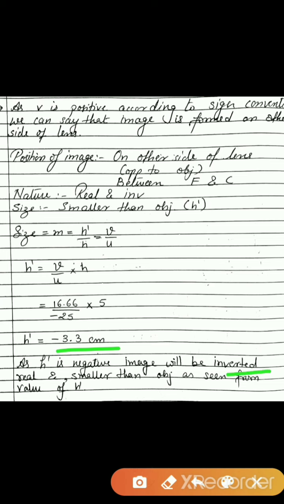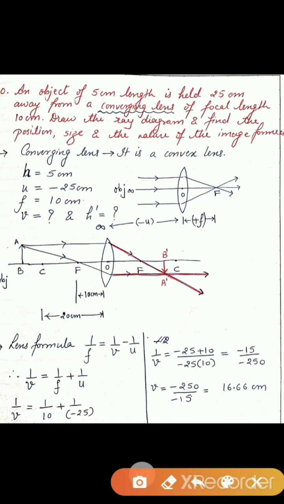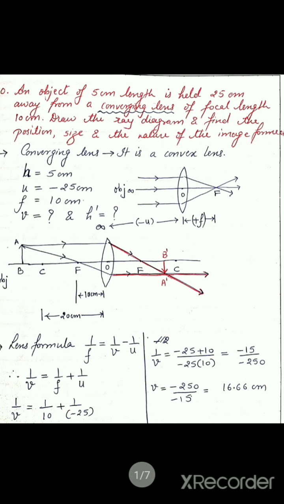Now, let's see whether the size is bigger than the object or smaller than the object. How will we check this? Object height is already given. This was the height of the object, h. You can see here h is 5 centimeter. And h dash is 3.3 centimeters. So I can say that the image h dash is smaller than the object h. Okay, so the image is smaller.